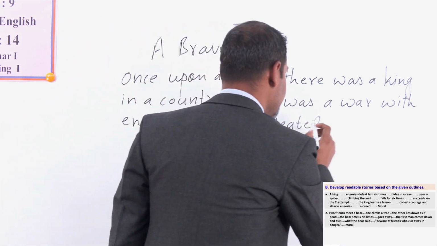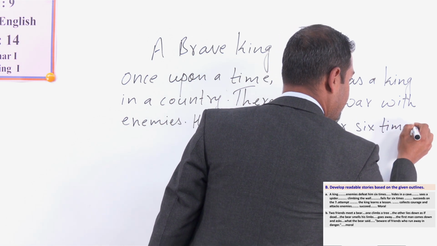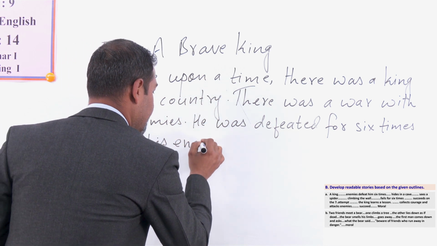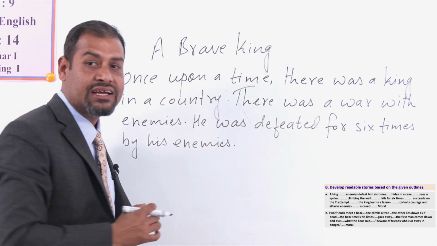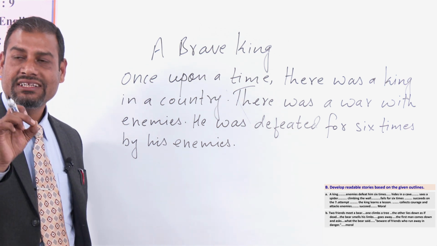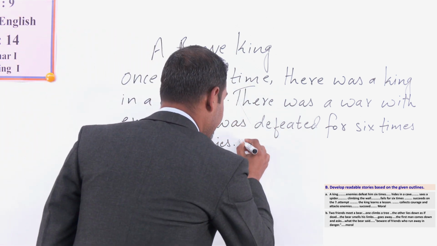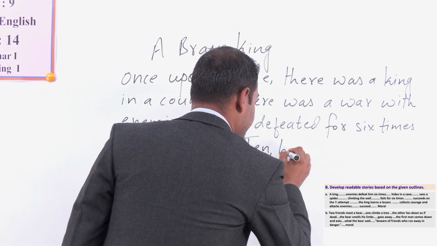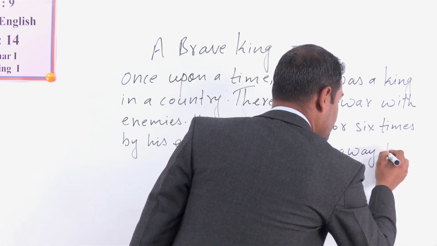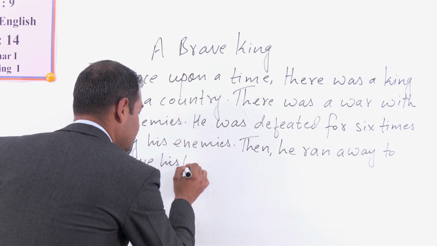Yes, he was defeated 6 times by his enemies. Now next line again you have to write hides in a cave. So you can add some more ideas yourself and then you have to continue. Then he ran away to save his life.